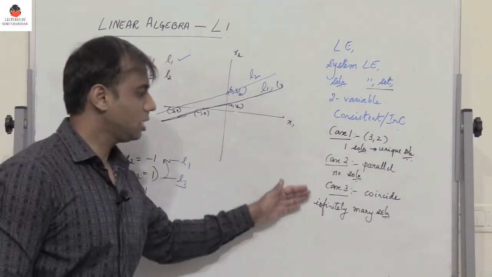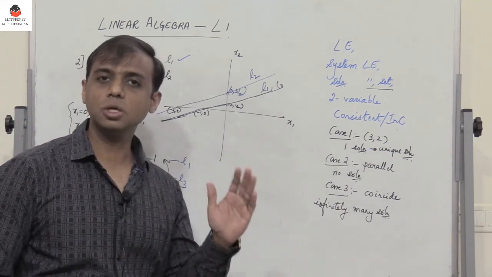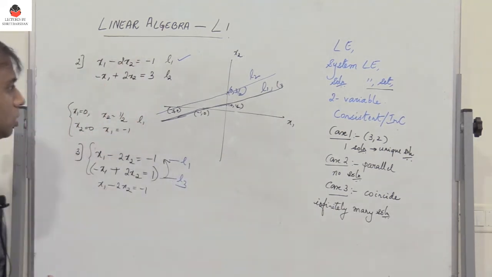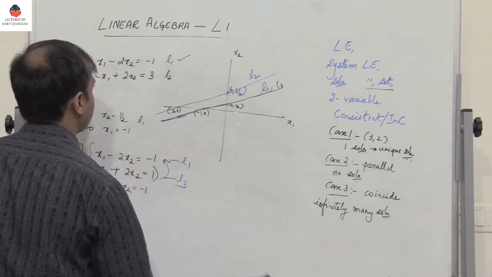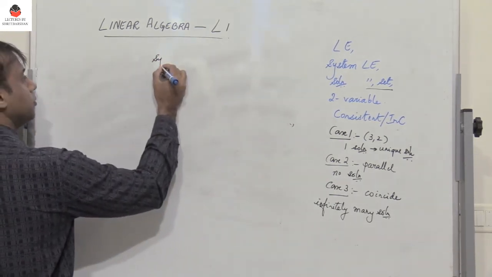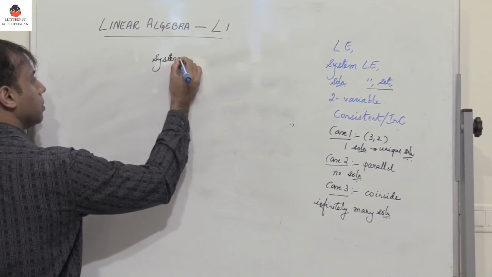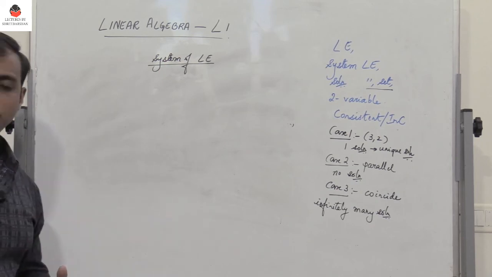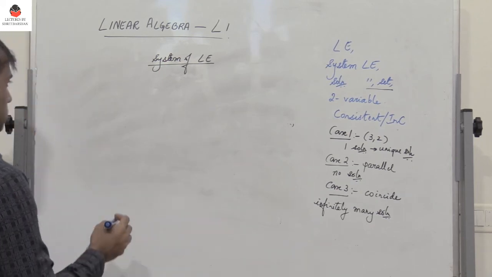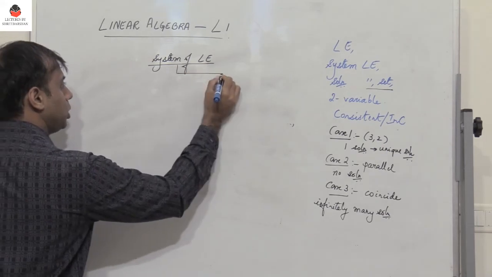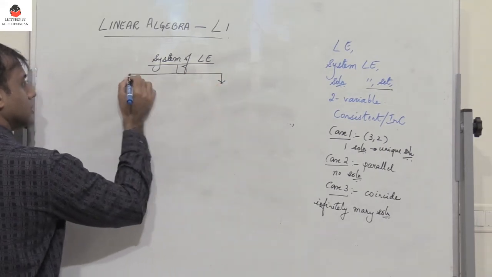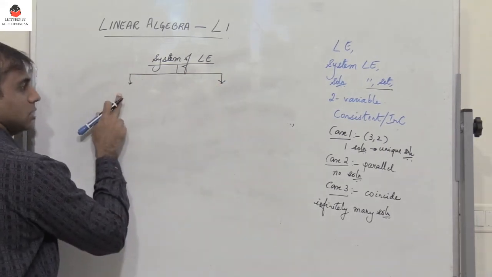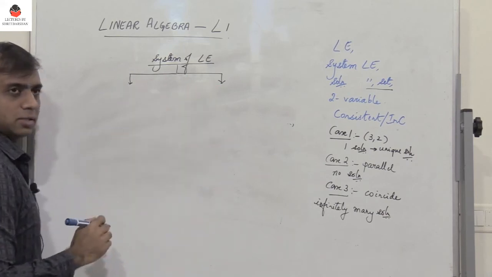So with these 3 cases, we come to a very important conclusion. What is that? Given a system of linear equations, whether you have a 2-variable, a 3-variable or an n-variable linear equation, we only have two cases: that the solution exists or the solution does not exist.